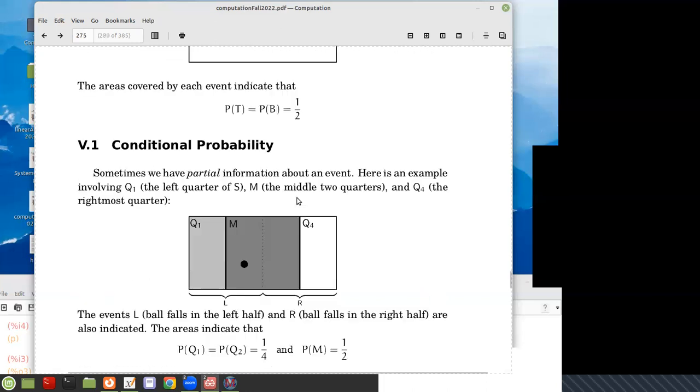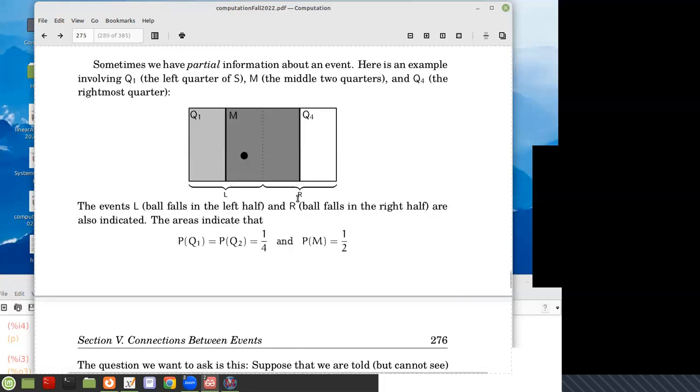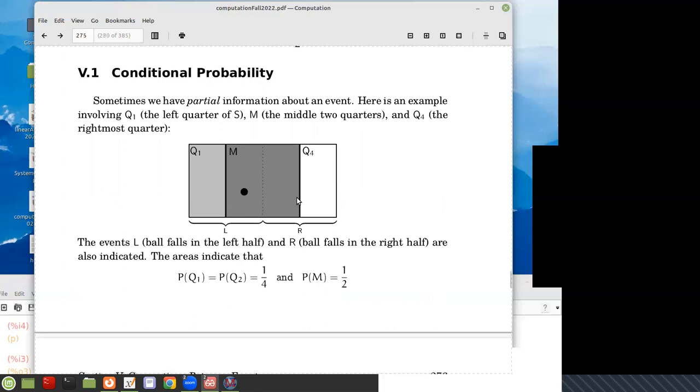And the question is, there are several different possibilities for connections between different events. One circumstance is, consider the following situation where I have a bunch of events laid out: the left event, the right event, Q1 and Q2, and then there's the middle.